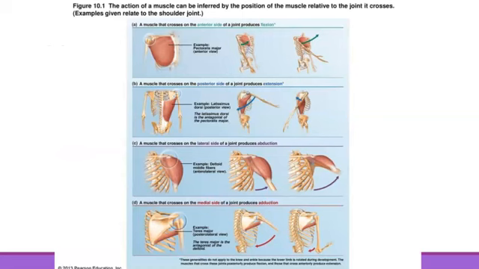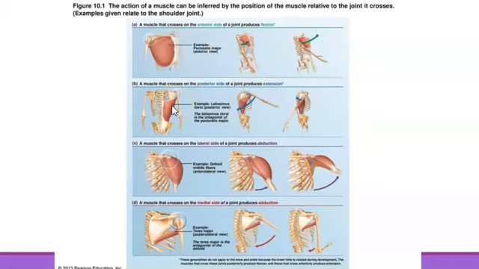So here we see some representations of those movements. Again, we can see the pectoralis major here, and we see the muscle that crosses on the anterior side of a joint produces flexion. So here we see flexion of the arm, and the joint being the shoulder. Okay, and then here we see the latissimus dorsi posteriorly.